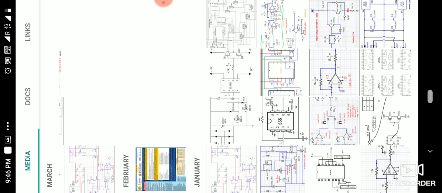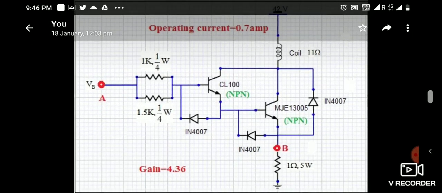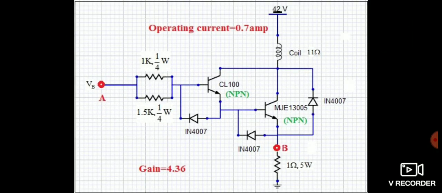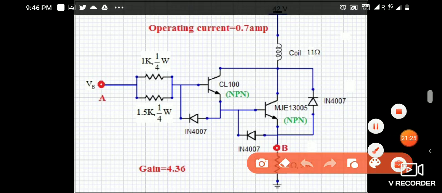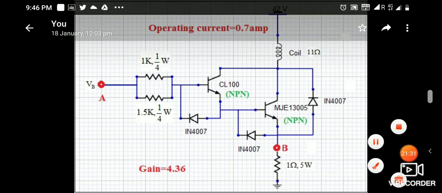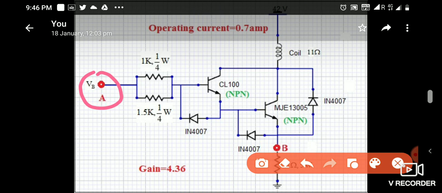You can see the driver circuit. This is the driver circuit. You can see this point is coming from the 8 number pin.